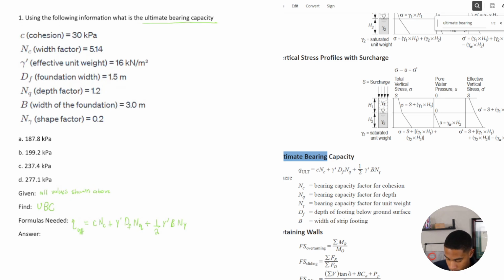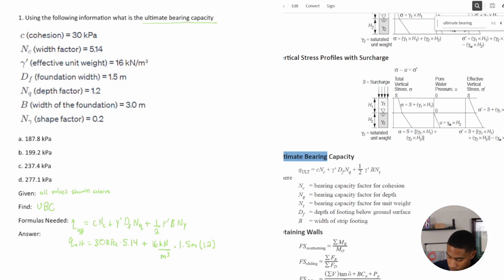So now Q ult is equal to, what's my C? 30 kPa times NC, which is 5.14, plus, what's my Y prime? 16 kilonewtons per meter cubed times D sub F, 1.5 meters, times N sub Q, times 1.2.